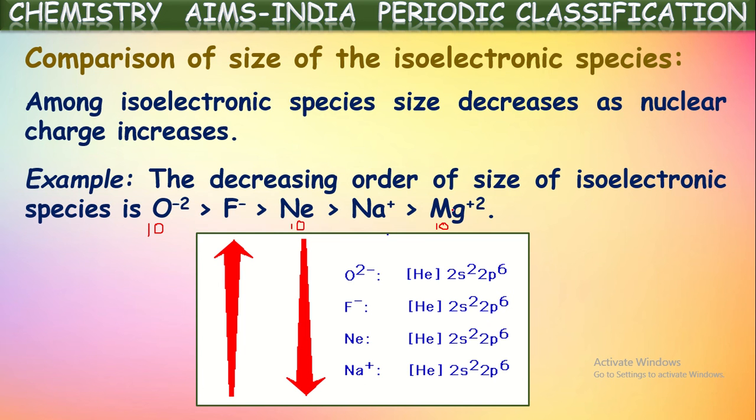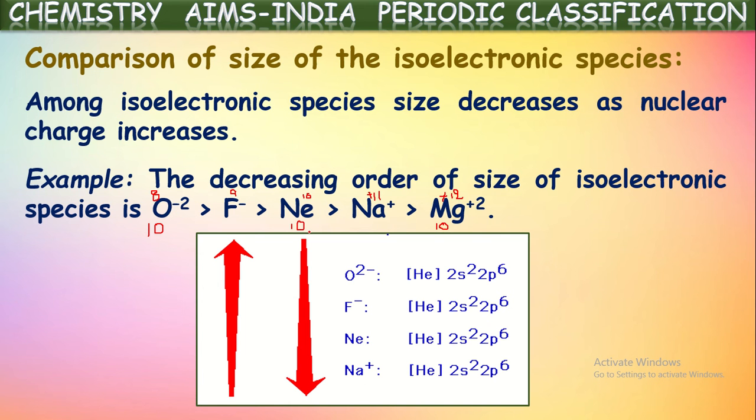If you observe magnesium, we know there is a 12 units positive charge, isn't it? Yes, because magnesium has 12 protons, whereas sodium has 11 protons. And for neon it is 10 units, for fluorine 9 units, whereas for oxygen it is only 8 units. Even though these all have the same number of electrons, they have different nuclear charges.